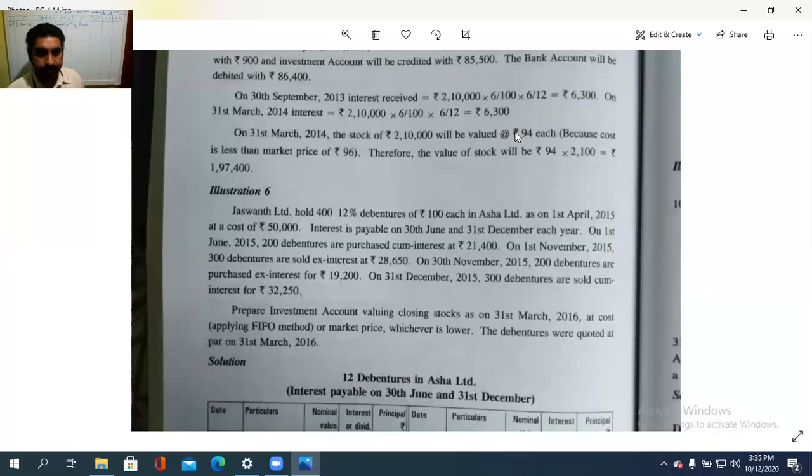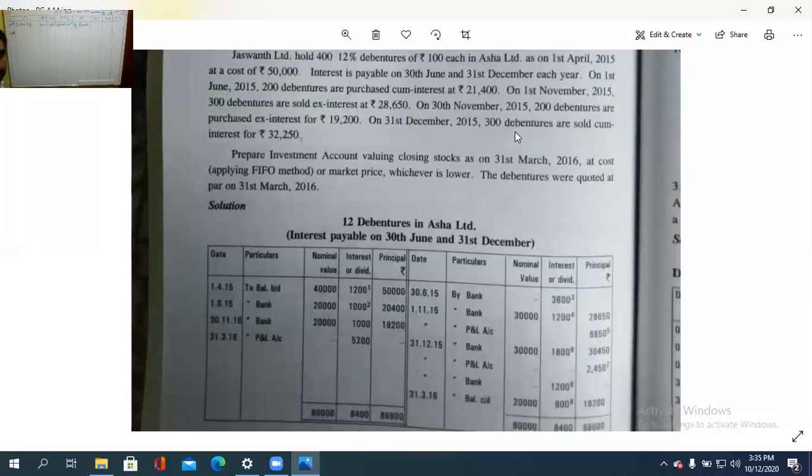Here again, on 1st June, they purchased another 200 debentures, cum interest, at 21,400. Investment account to bank. Cum interest means it includes the interest. So 200 into 100 is 20,000.